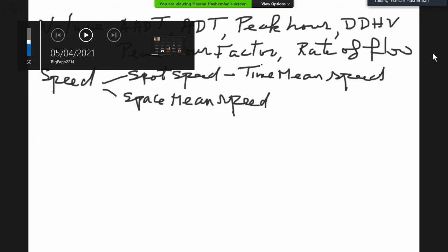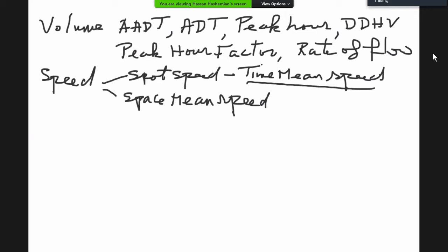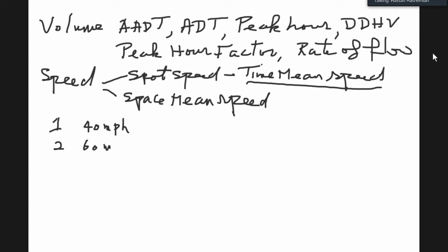Now, time mean speed means the average speed. Let's say you have 3 cars. The first car drives 40 miles per hour. Second car, 60 miles per hour. Third car, 50 miles per hour. So how do we get the time mean speed? We just add these together.